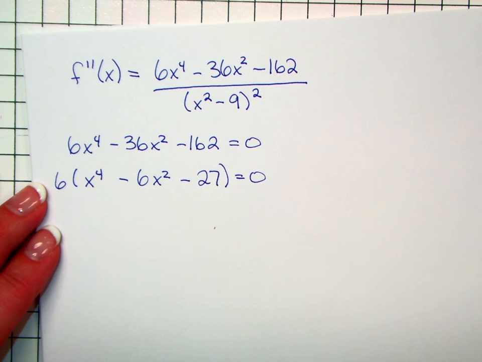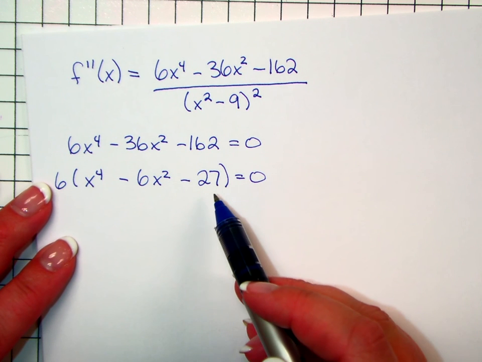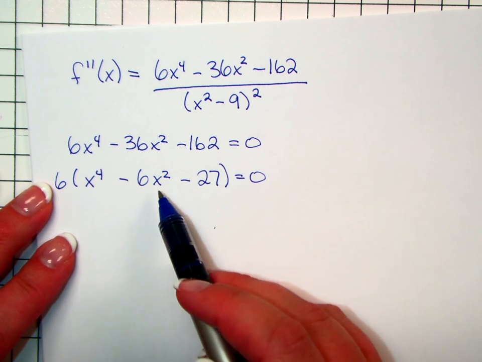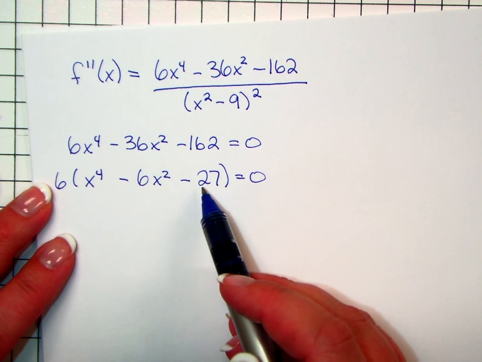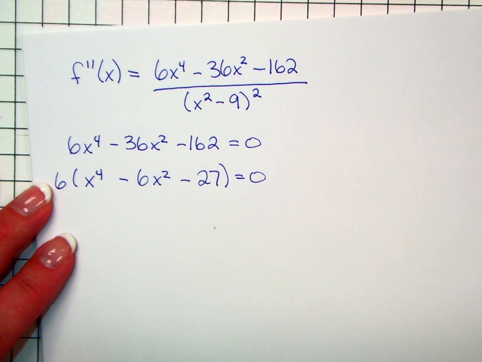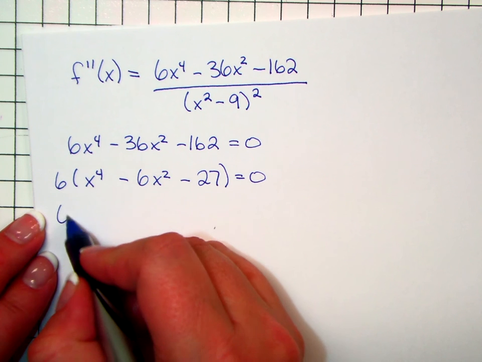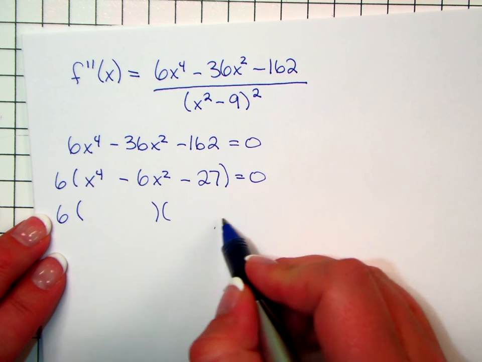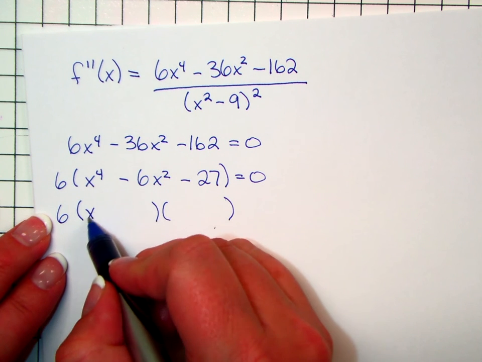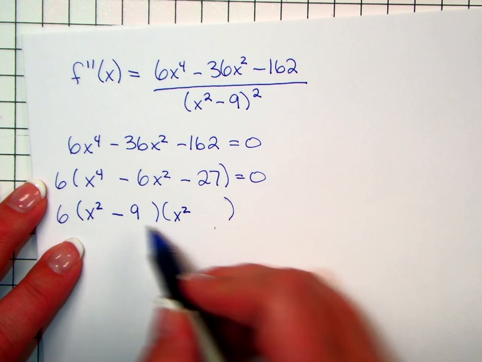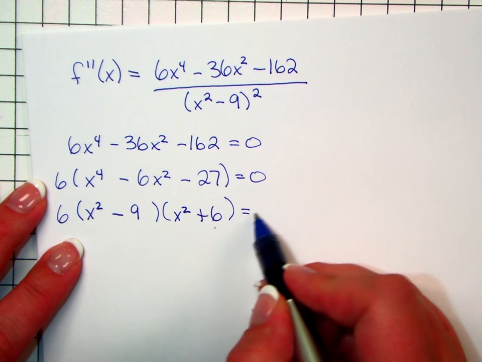Okay. So can we factor this? Do we know two factors that multiply to negative 27 and add to negative 6? 9 and 3, negative 9, positive 3. I do think that'll work. Okay, so I am going to factor this. x squared and x squared, negative 9 and positive 6 here.